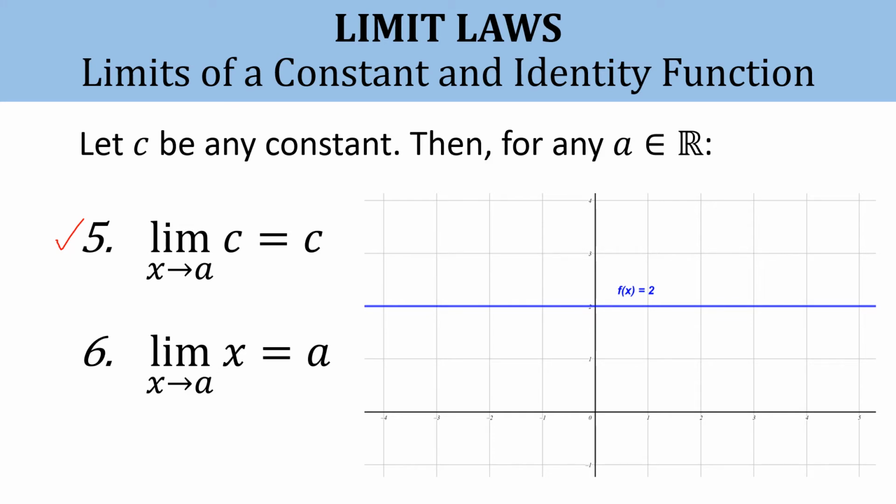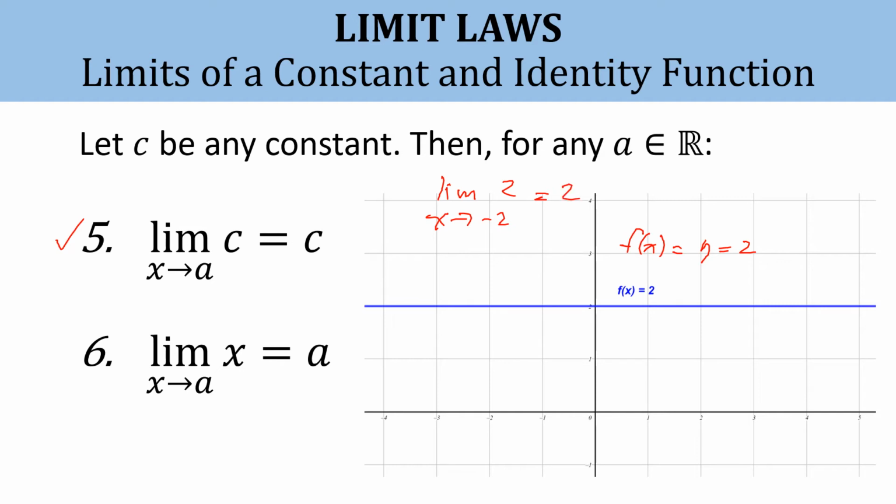When you graph that, because f of x is equal to y is equal to 2, you just need a horizontal line. If you're asked to find the limit of, for example, 2 as x approaches maybe negative 2, it would always be equal to 2.